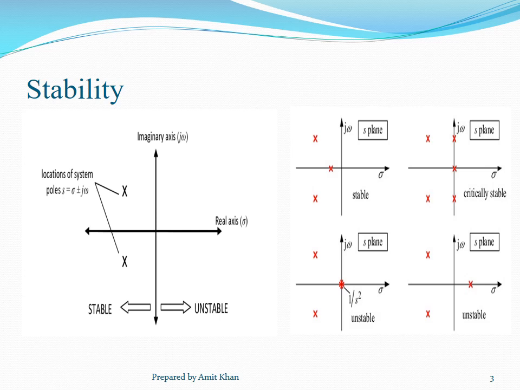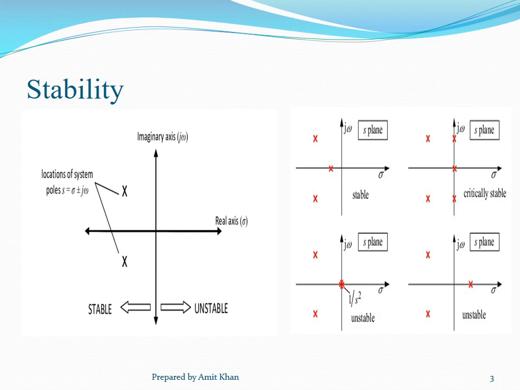Here we can see the S-plane and the relation between S-plane and stability. S-plane is basically, as we know, s equals sigma plus j omega.